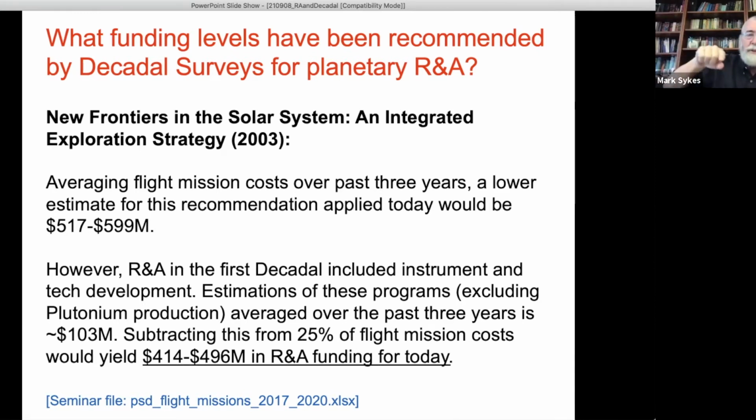Using that table that I showed before, I added up all those things, and that's of course the vast majority of the Planetary Science Division budget. I divided it by 4, and I get between $517 and $599 million from the first survey, what they would recommend today, following their formula.